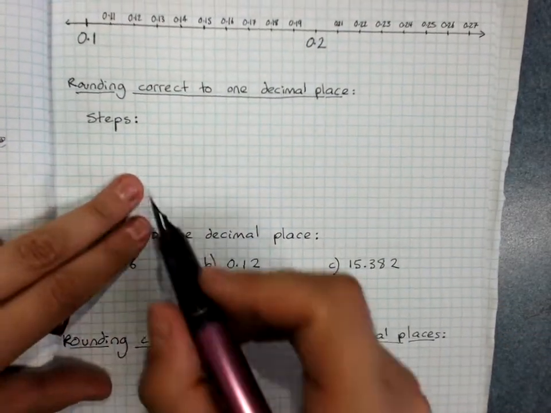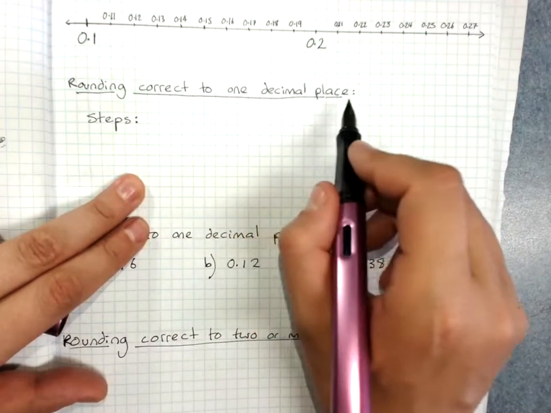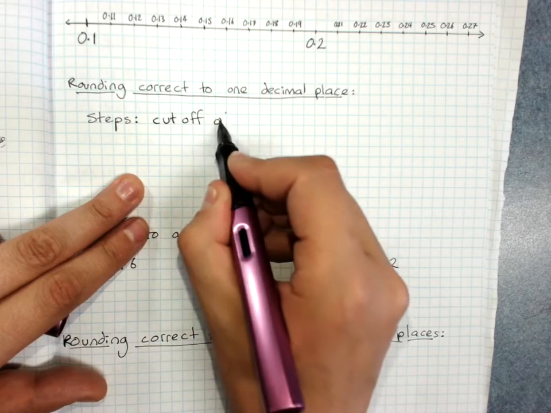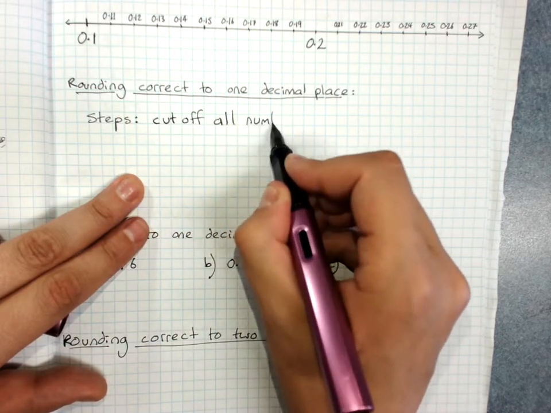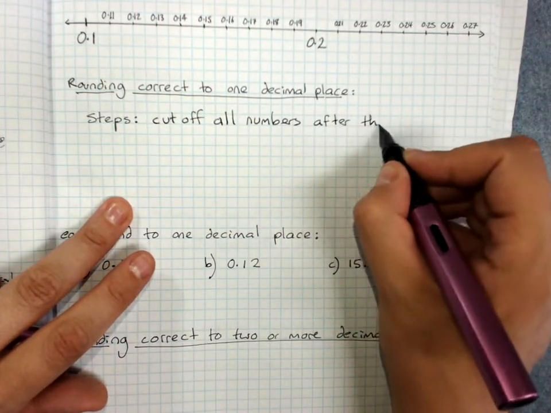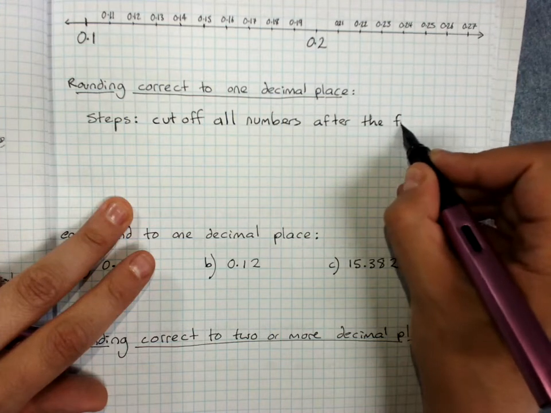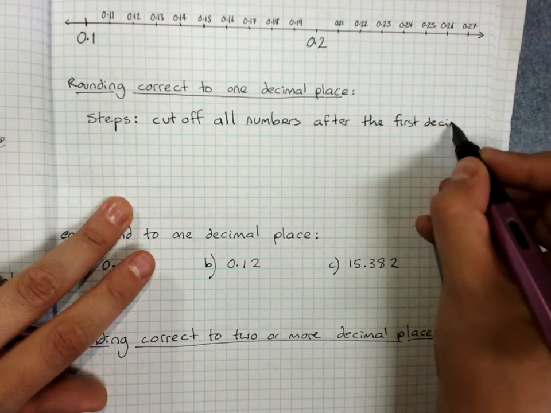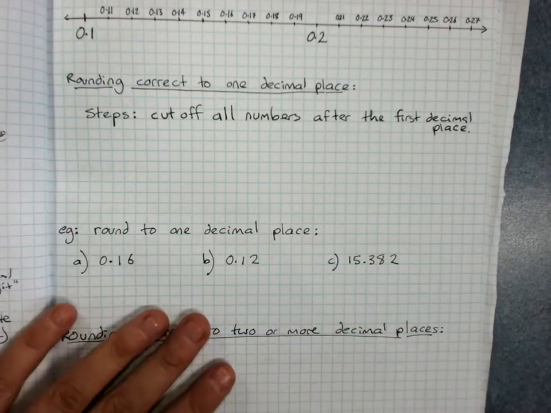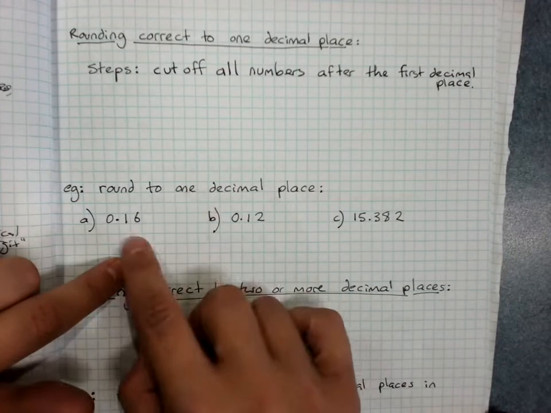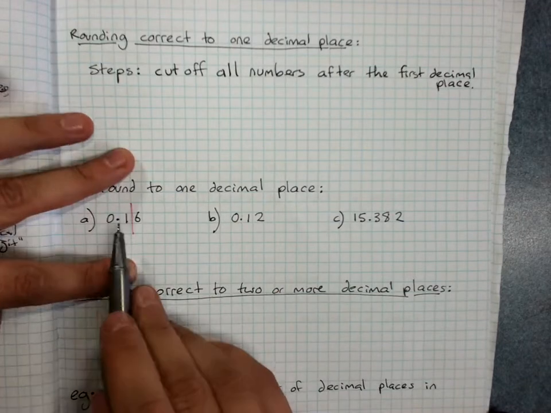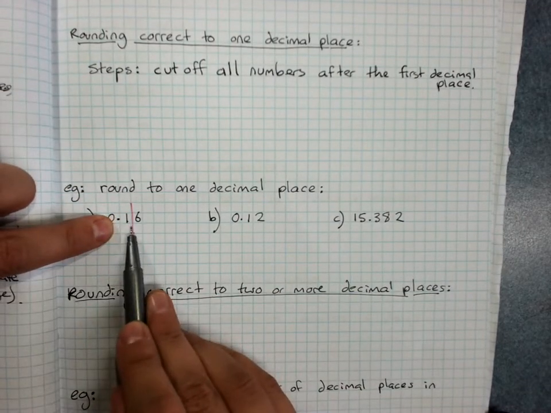So our steps, we're just doing 1 decimal place to start with. Cut off all numbers after the first decimal place. So that's our first step. If I was going to round all of these to 1 decimal place, I would start by cutting them off after the first number after the decimal.